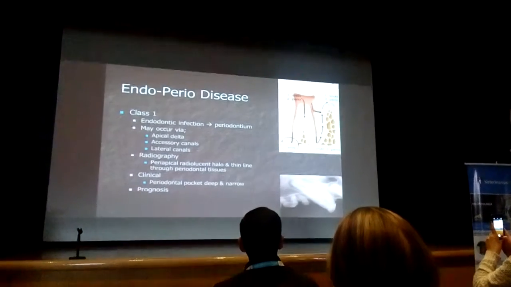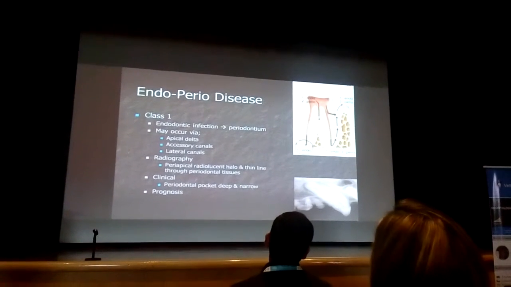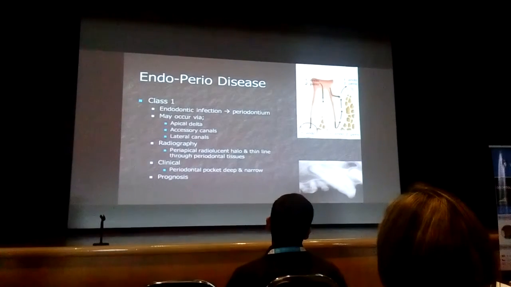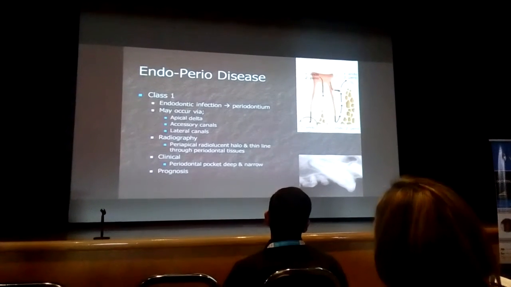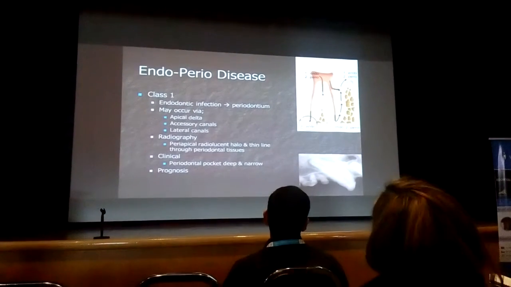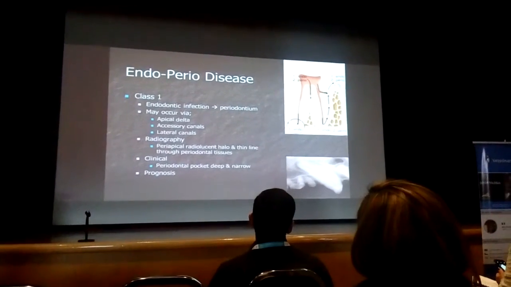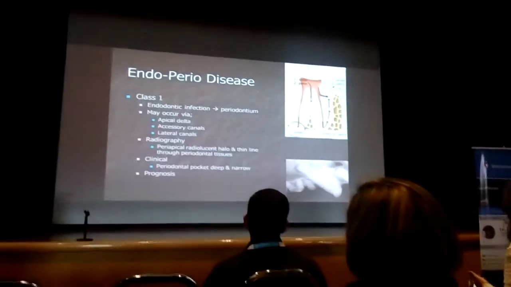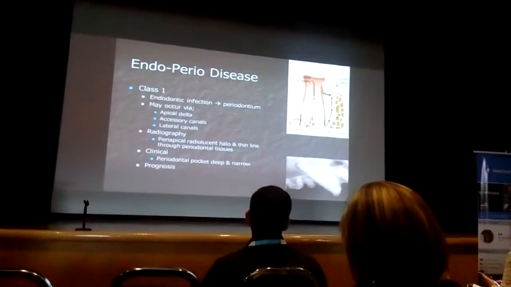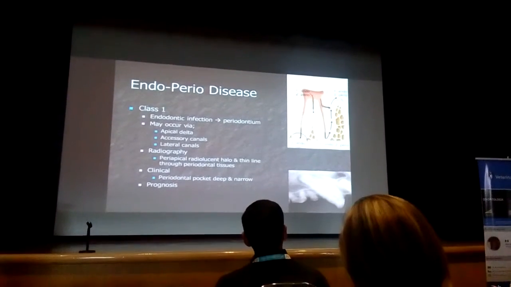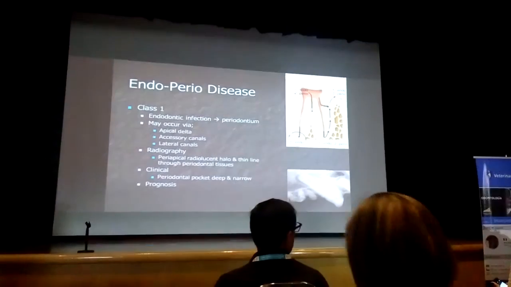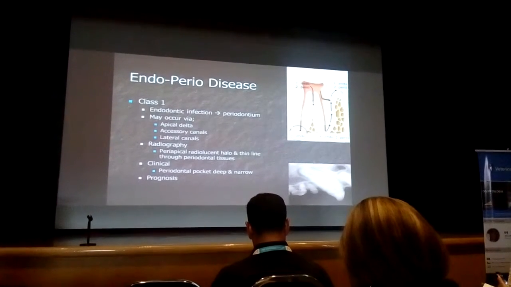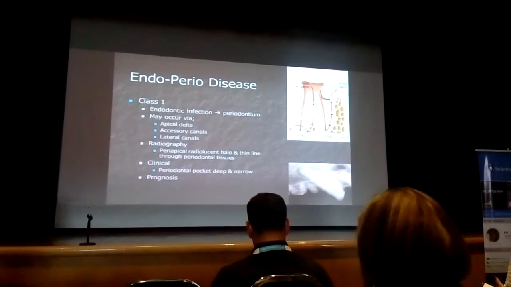That's usually the case, and then that bacteria goes all the way through the pulp and comes out the apex, or can come out through lateral canals or accessory canals, it's the same thing, and affect the periodontium. So the periodontium meaning the periodontal ligament, cementum, alveolar bone, and gingiva. Okay? So it's caused by endodontic disease, and that infection goes through to the tip of the root and then out through the periodontal ligament. Okay?